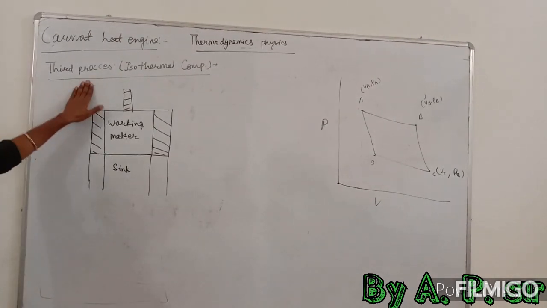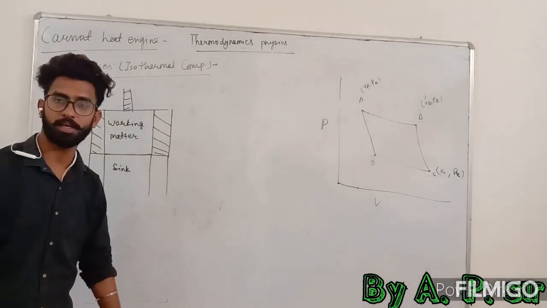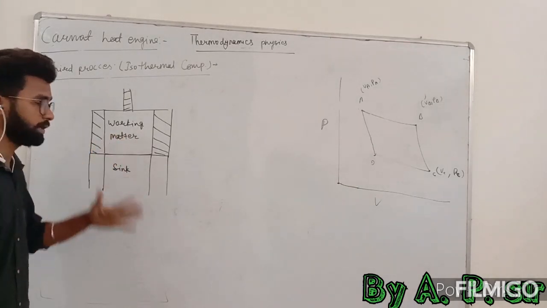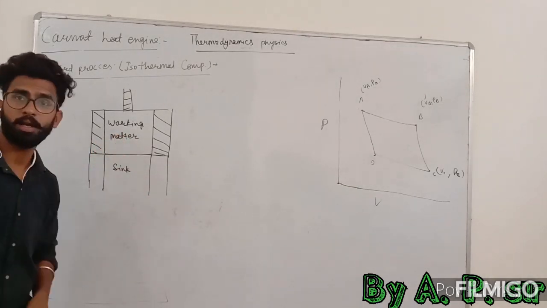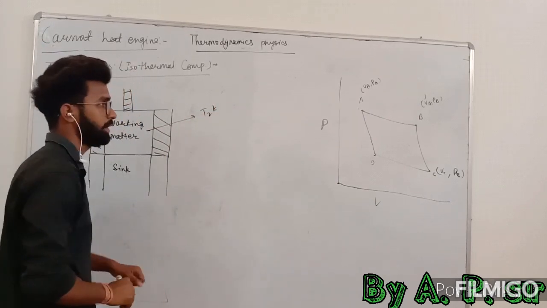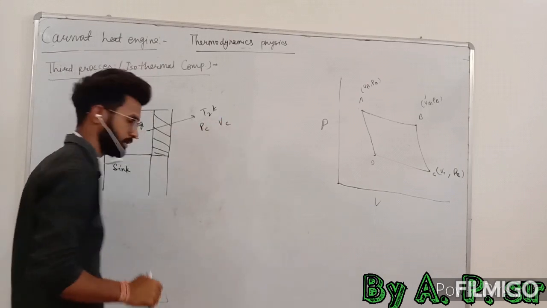Now the third process of Carnot heat engine. In the third process, we put the working matter on the sink. In this condition, the working matter has temperature T2 Kelvin, pressure PC and volume VC.